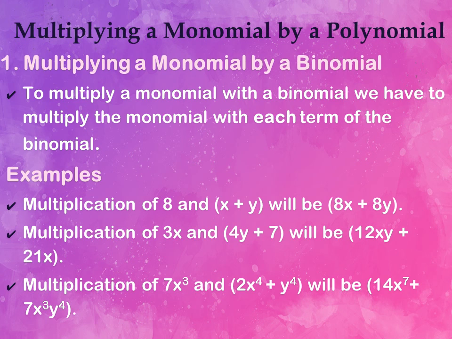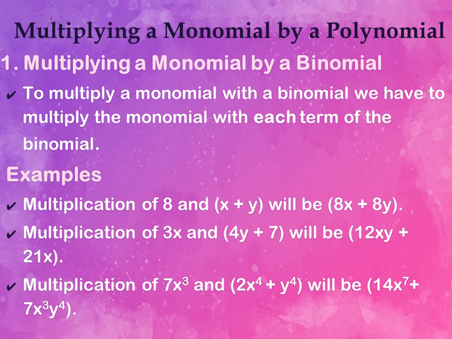Second, multiplication of 3x and 4y plus 7. This is equal to 3x into 4y is 12xy plus 3x into 7 is 21x. Third, multiplication of 7x cube and 2x raised to power 4 plus y raised to power 4.